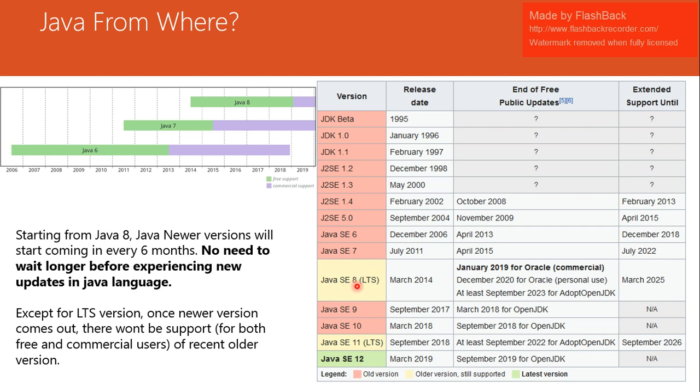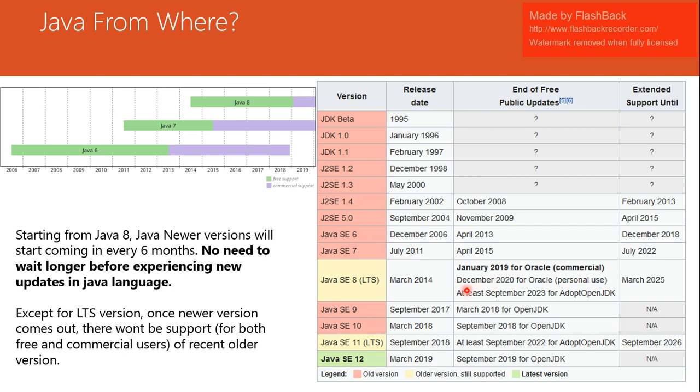So let's now look into Java SE8. Java SE8 is an LTS version, and we'll discuss what an LTS version is. But Java SE8 was released March 2018, and up to this January 2019, the Oracle Corporation ended the free support for updates on Java SE8. So as of January 2019, the commercial version begins.